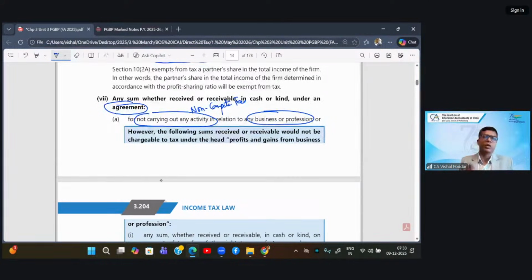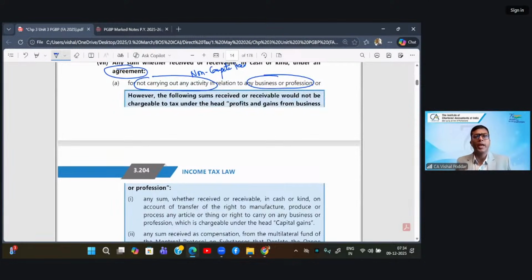They ask me not to run a cafe over there, at least in their area. They are not restricting me to not carry it at all, because in that case, it would be an agreement in restraint of trade and it would be ultra vires. It would be an invalid contract. But only when they are restricting me for a particular time period, for a particular place, that is now what is allowed by the Competition Act. And for that, they are paying me a compensation. This will be taxed under the head PGBP.